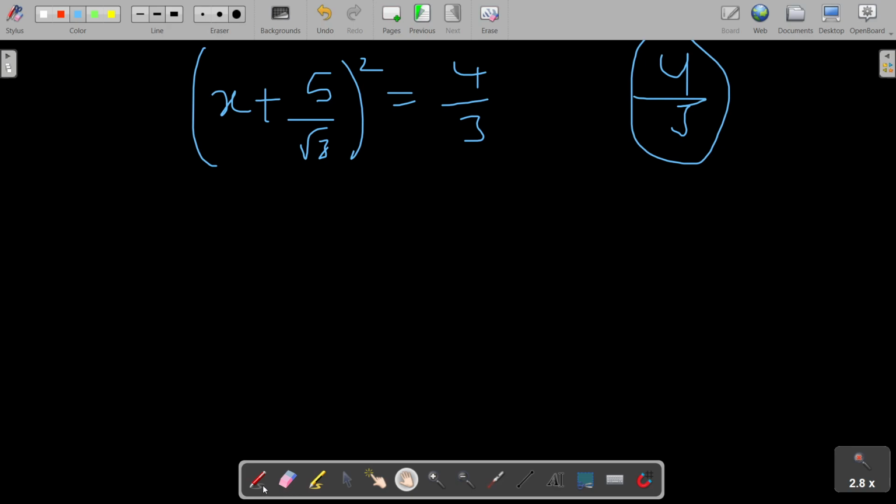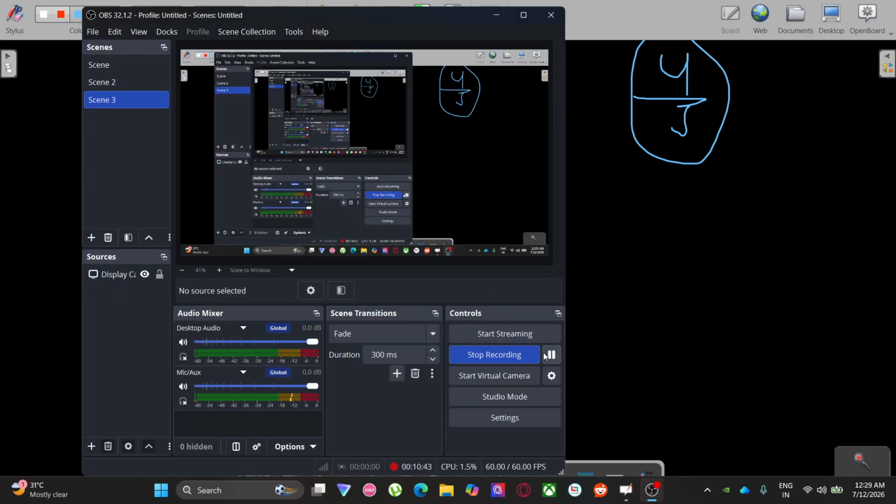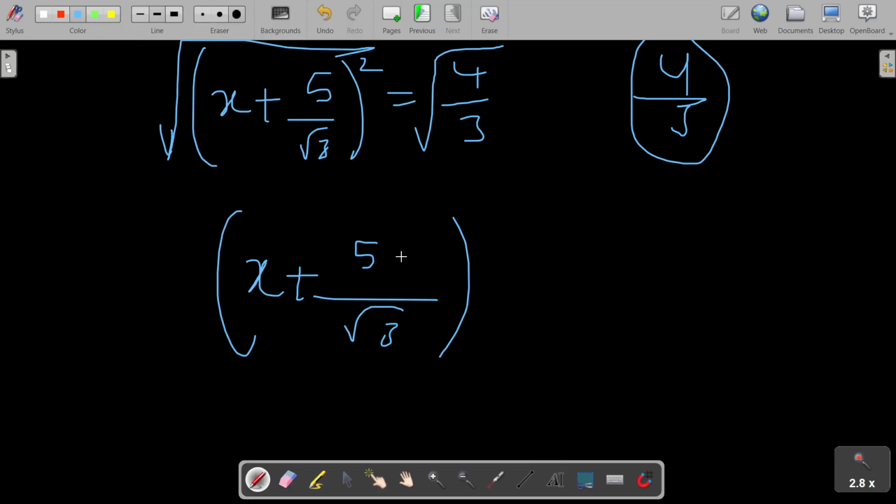And if I take square root on both sides, I am going to be left with 5 over root 3. Okay, I'm left with this thing.